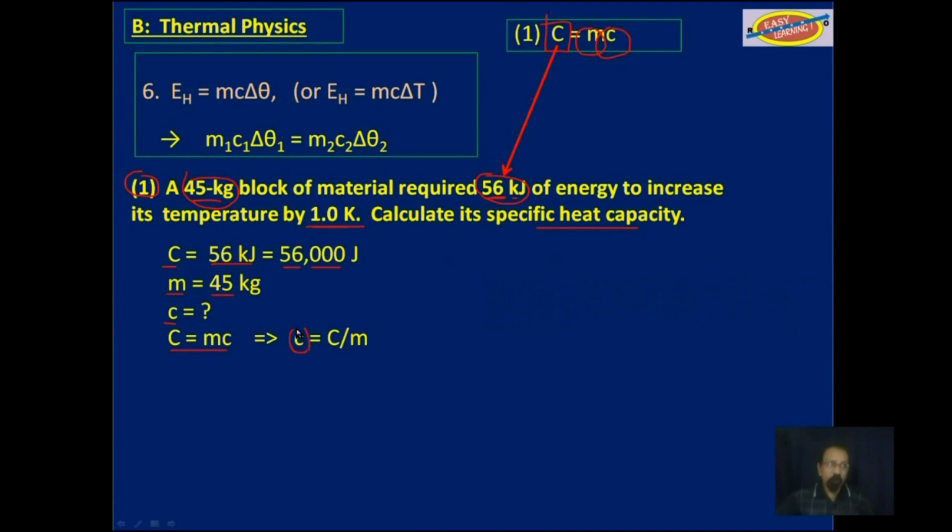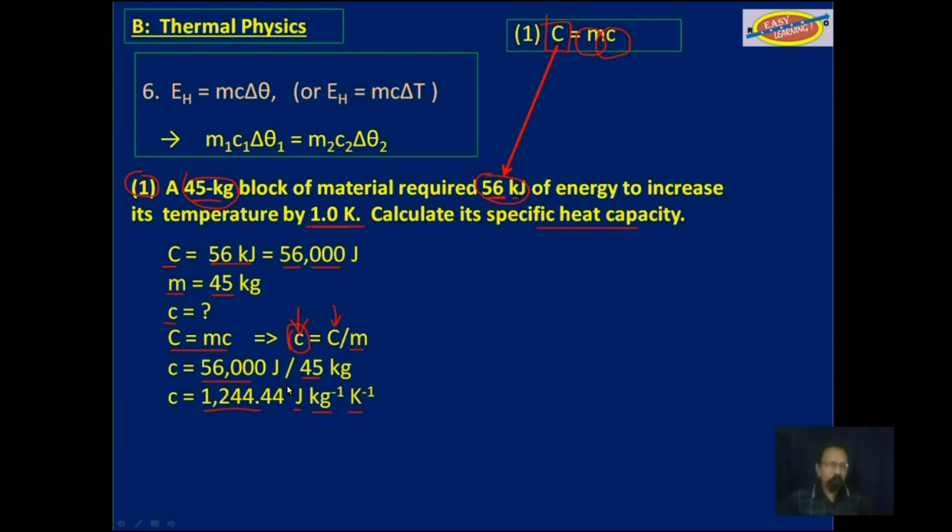We change that formula around to make lowercase c the subject, and we get specific heat capacity is equal to heat capacity divided by m. We substitute the numbers we are given, and we get 1,244.44 joules per kilogram per degree Kelvin.